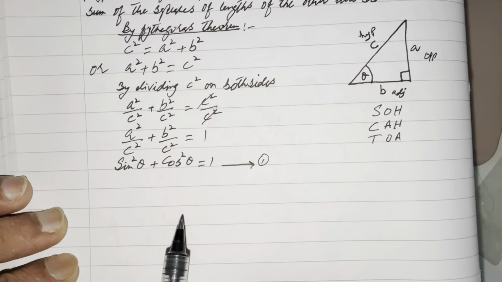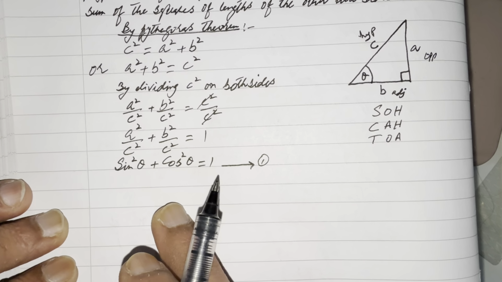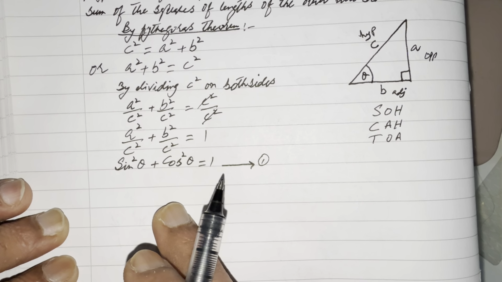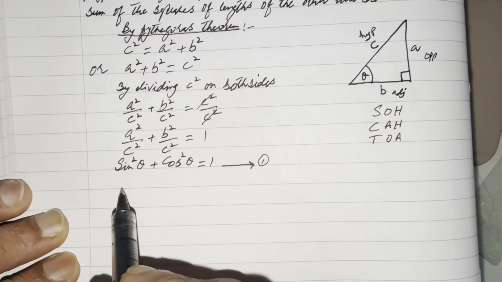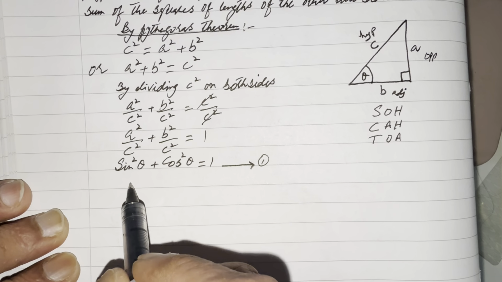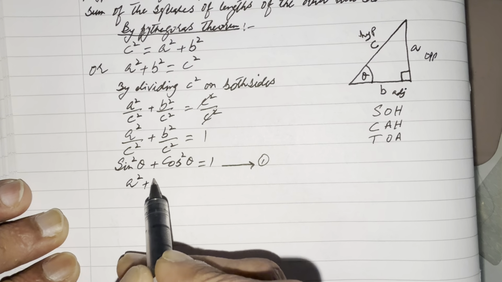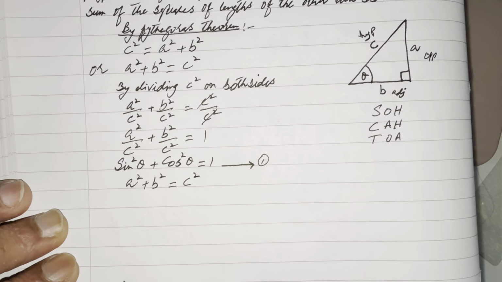So now in our next step we are going to divide the Pythagoras theorem by b square. So a square plus b square is equal to c square.